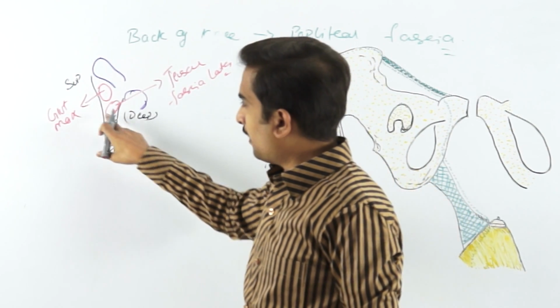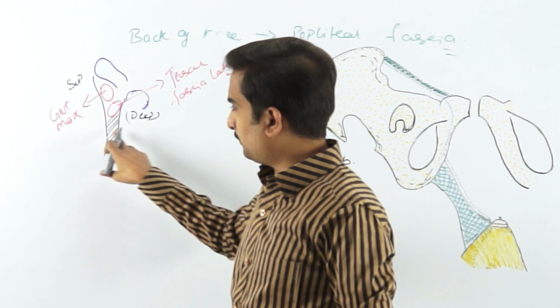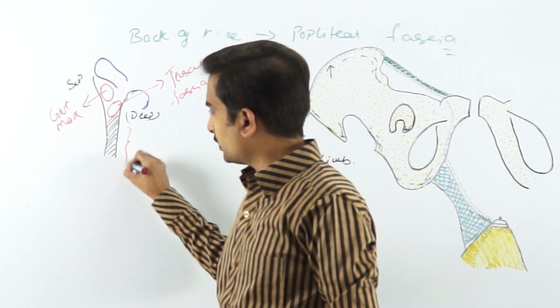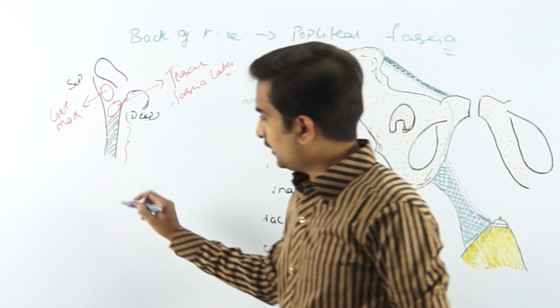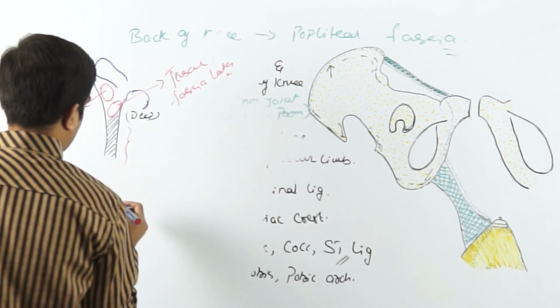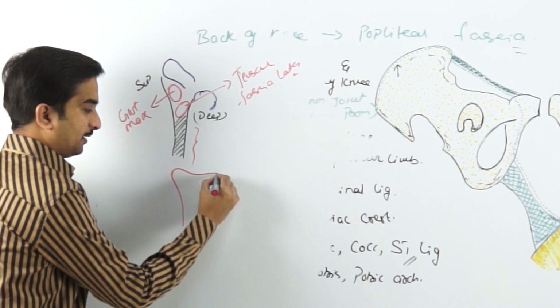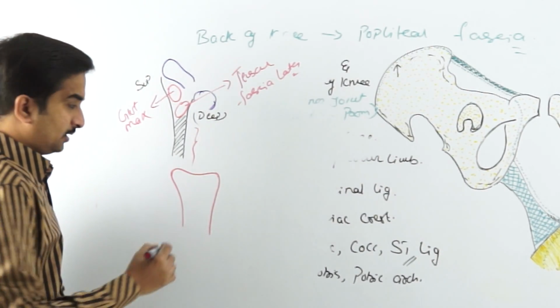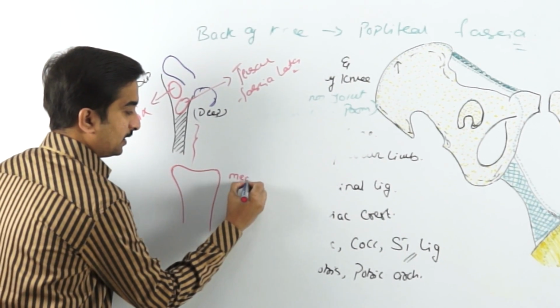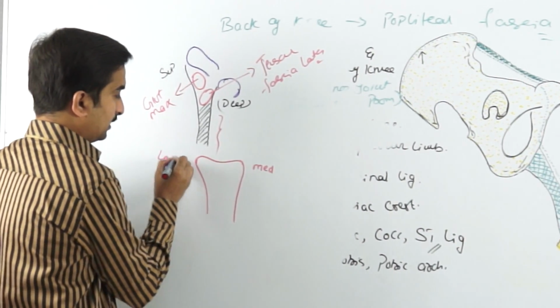So now, after the superficial and deep lamina blend together to form a strong band-like structure, it finally reaches the condyle of the tibia. This is the tibia, this is the medial condyle of the tibia, and this is the lateral condyle of the tibia.